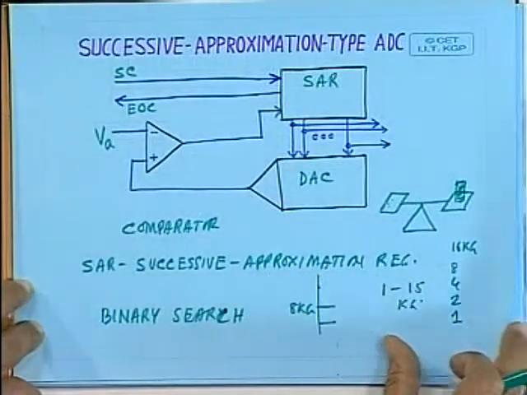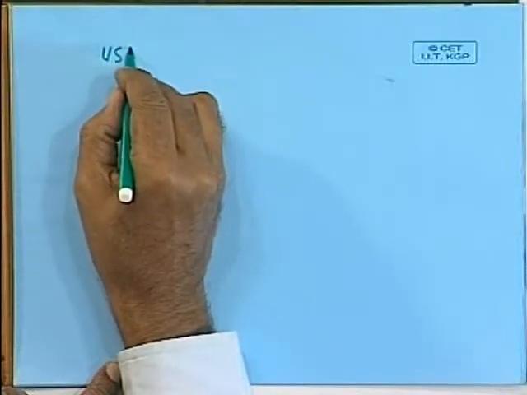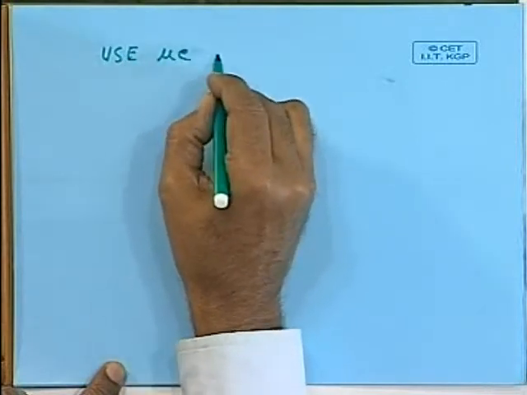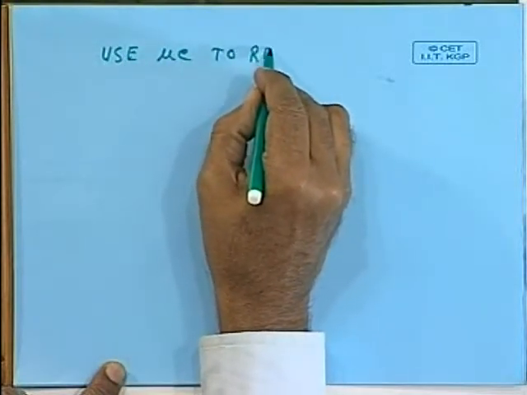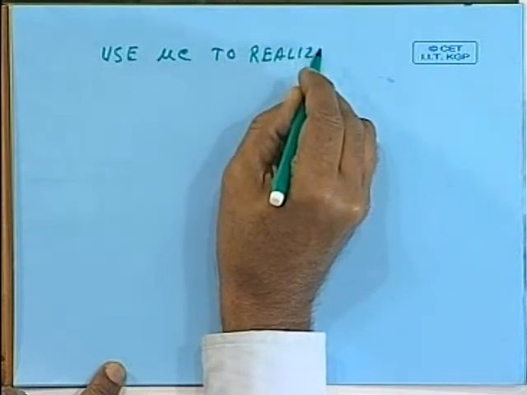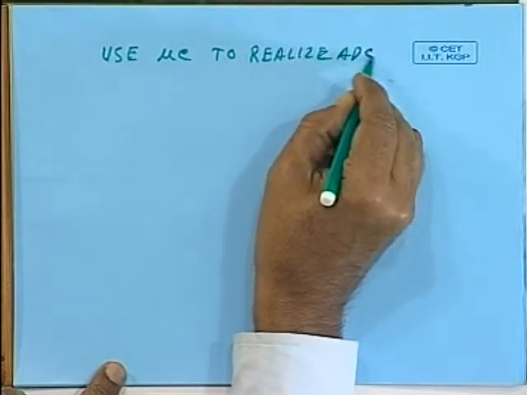Why not use the microcontroller or microprocessor to do this and realize the AD converter? So, use of microcontroller to realize ADC. We can use one of the three techniques, counter type, servo type, or successive approximation type by algorithm. Let us see how it can be done.